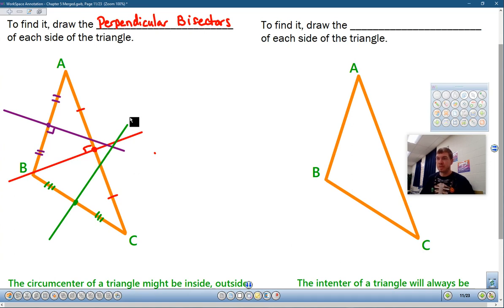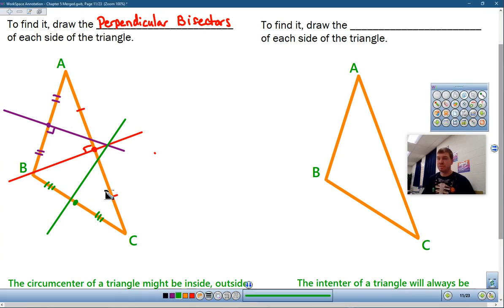So what I'm going to do is just make it closer and move my midpoint a little bit. Maybe I was a little off on one of those 3. And make it perpendicular. And so what we have here is the circumcenter. And this was outside of the triangle, which can happen.